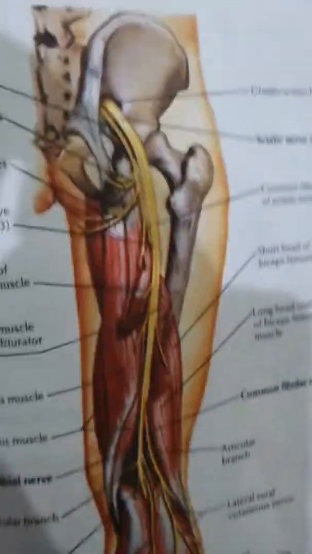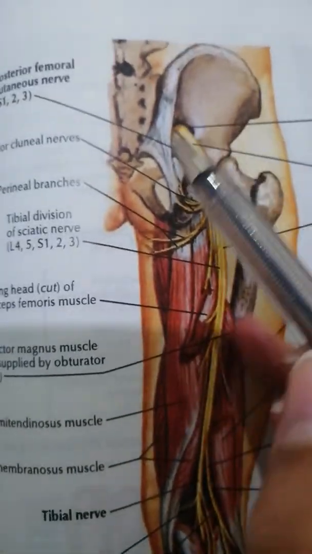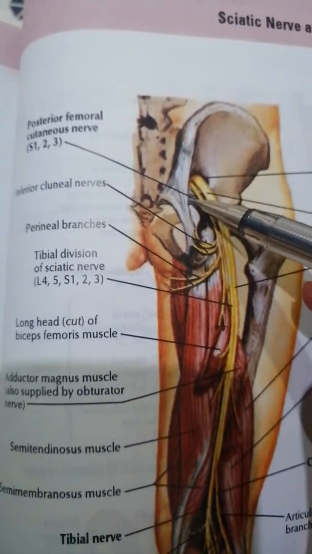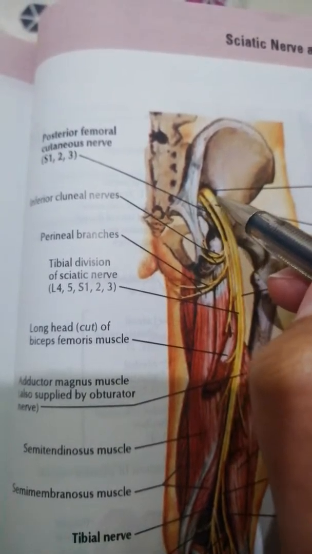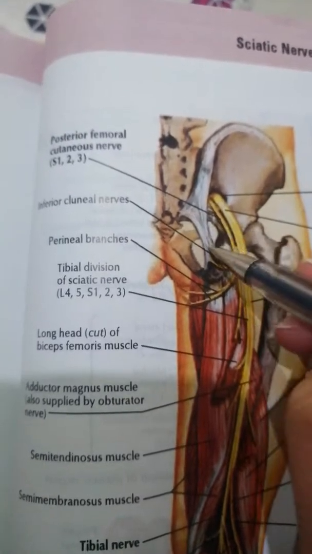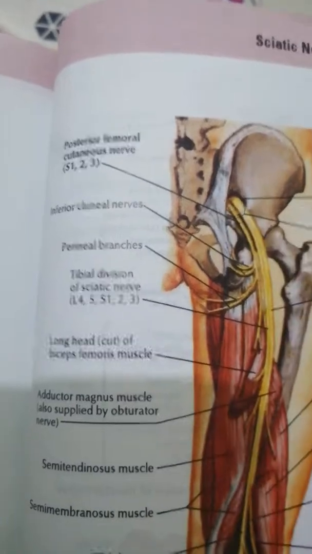In this diagram, it is a bit easier to see because this is the pelvic bone. This here is the greater sciatic notch, which is made by this part, which is a foramen, and these ligaments, which have not been named, but which convert the greater sciatic foramen into a notch.